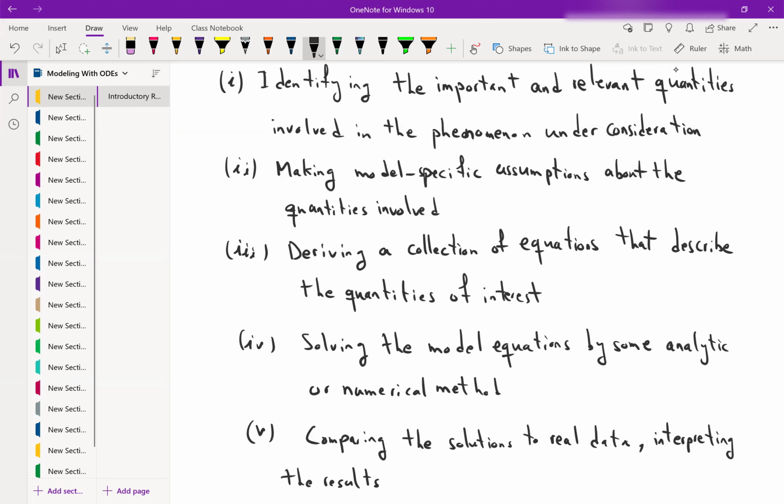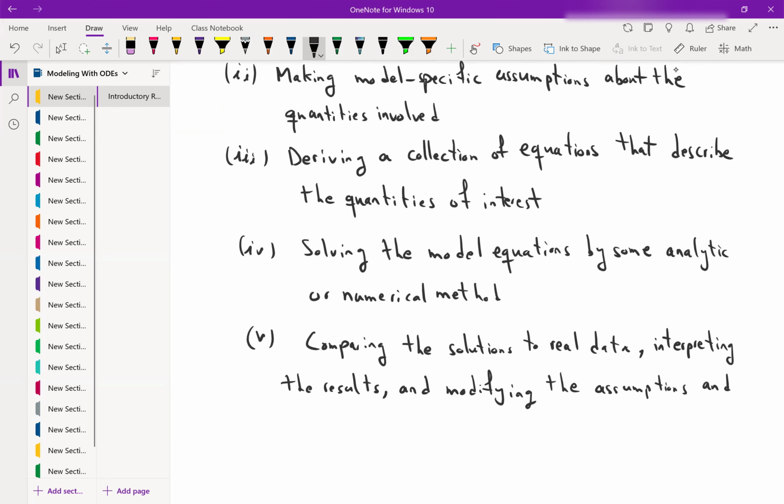So, modifying the assumptions and constructing a new model if necessary.